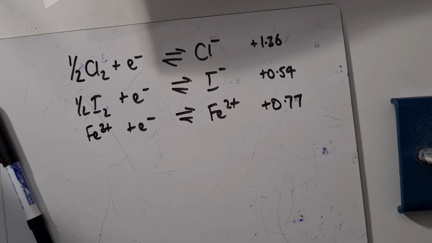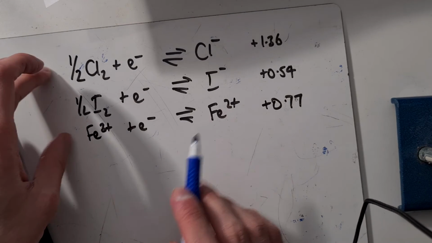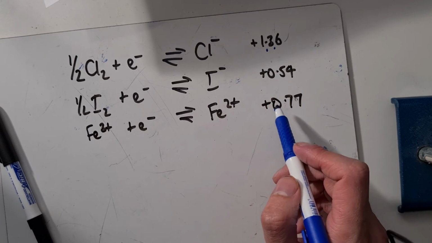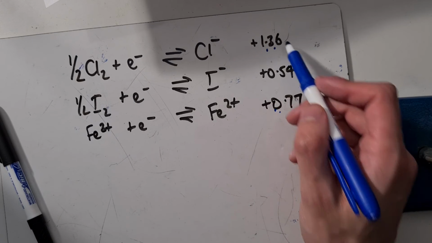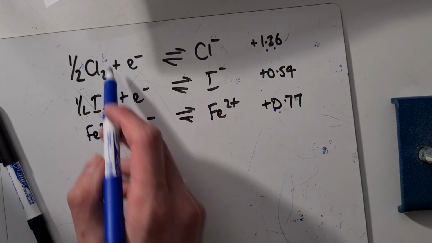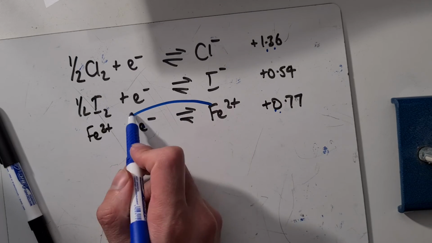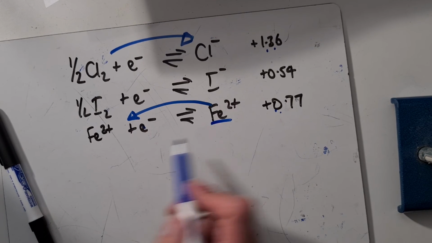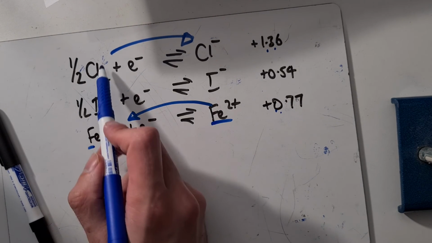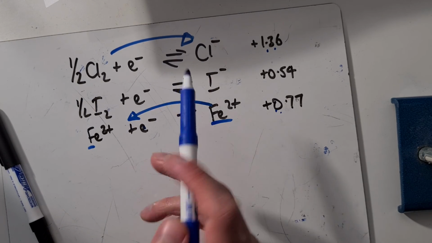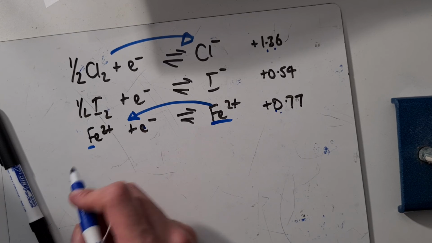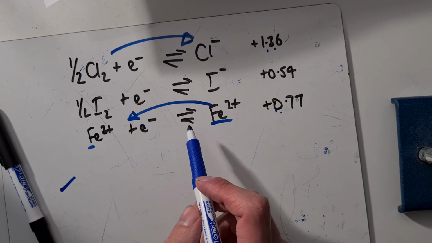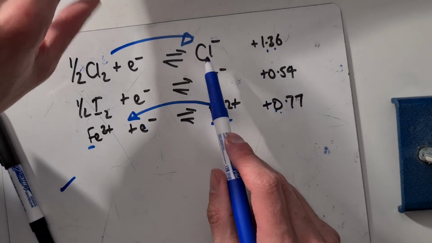If we first of all look at chlorine and iron, which one of these two is the most negative? Out of that, iron's the most negative. So if we took chlorine and iron, iron's going to go from right to left, and chlorine will go from left to right. So that will take Fe2+ to Fe3+, and chlorine to the chloride. That would work because the iron half equation is more negative than the chlorine half equation.